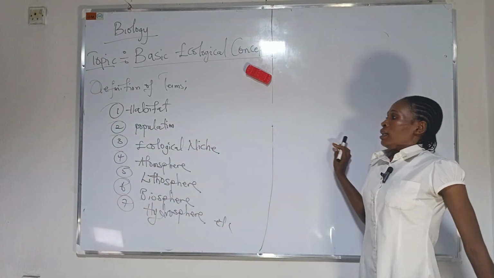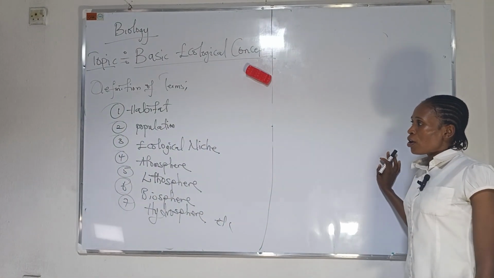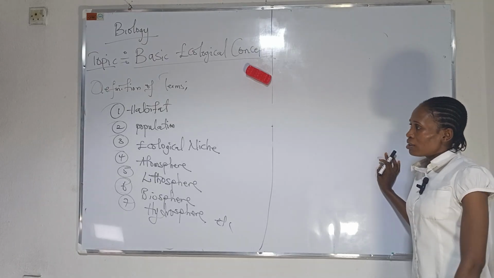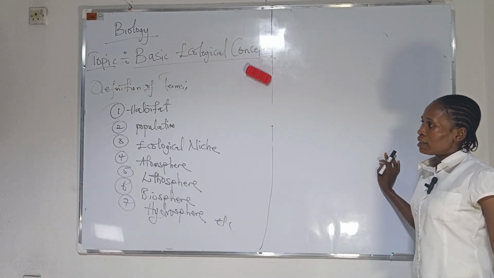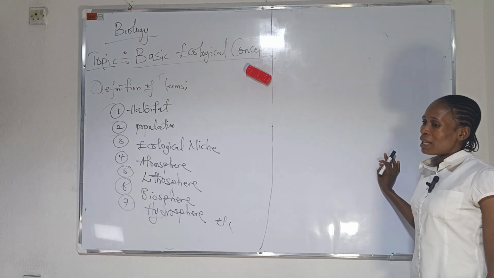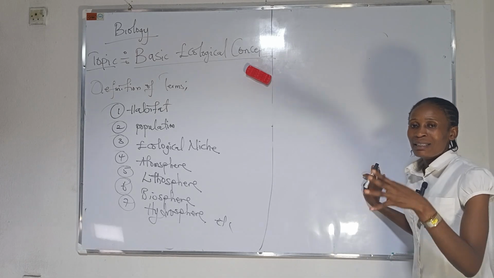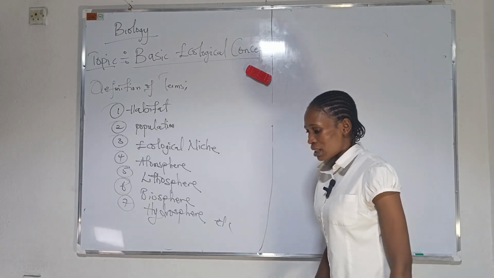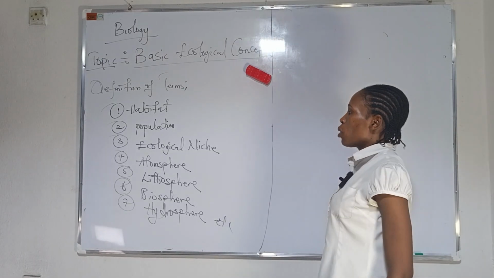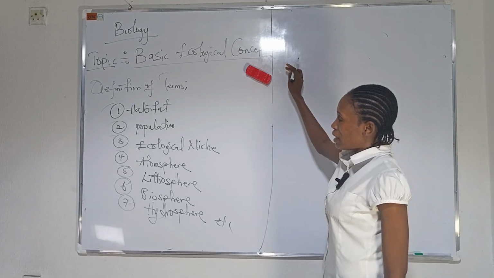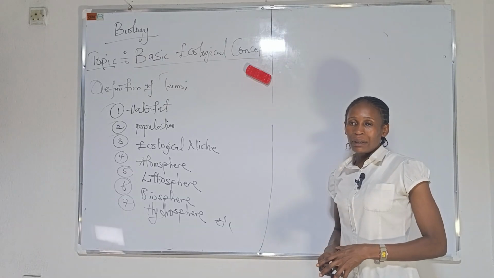Okay, starting from the first one, which is what? Habitat. We say that habitat is the dwelling place of an organism, where an organism is what? Is dwelling.